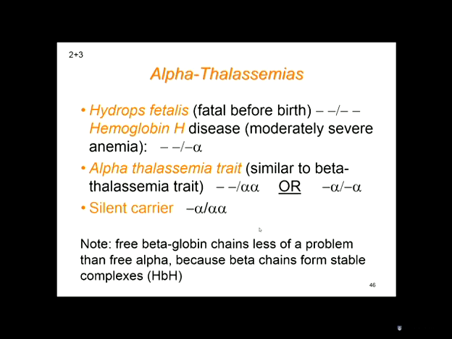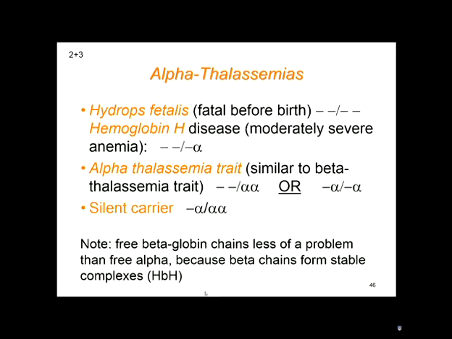A key feature to remember here is that even when you don't have enough alpha chains to pair with the beta chains, they don't create as much of a problem as the free alpha chains, because the beta chains can still form stable complexes. And that's what hemoglobin H disease means.